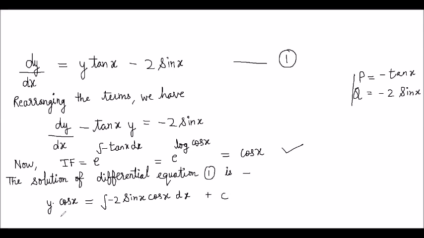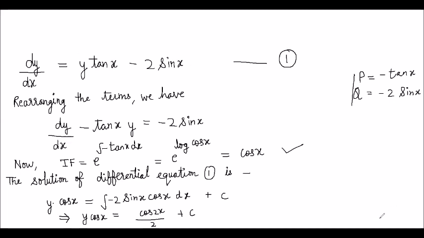Let us solve this. y cos x equals the integral of minus 2 sine x cos x. We can use here the result of sine 2x. On integration, we will get cos 2x by 2 plus c.